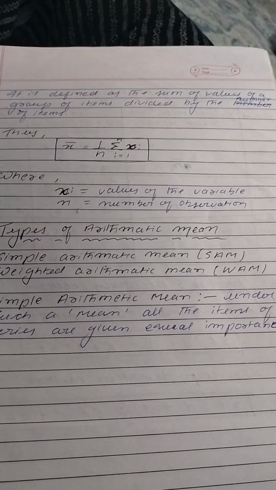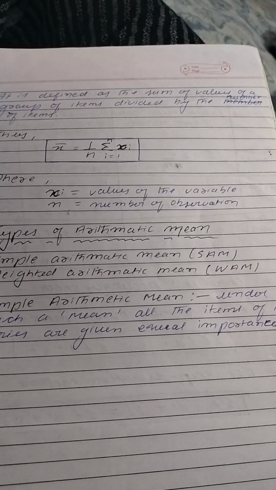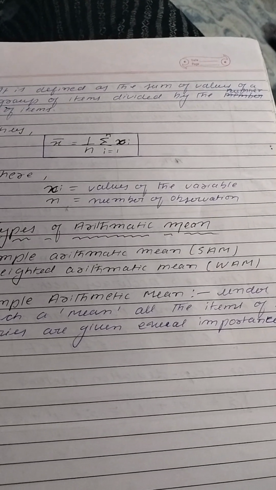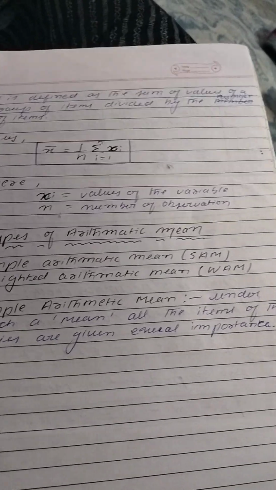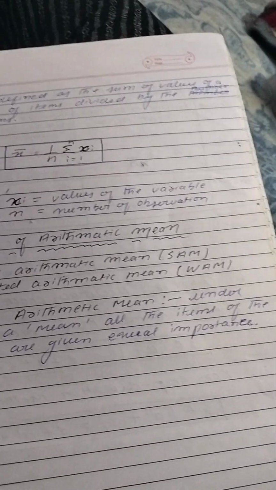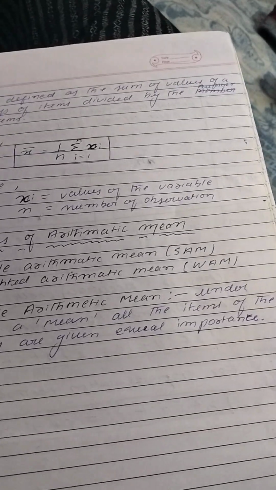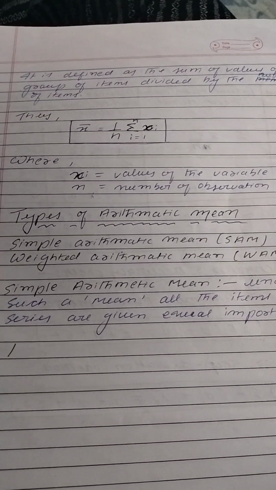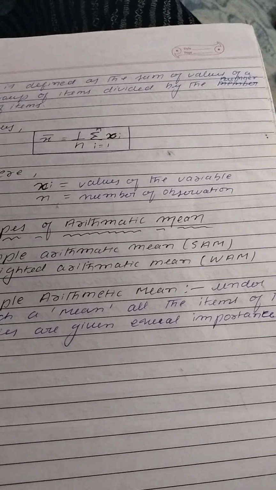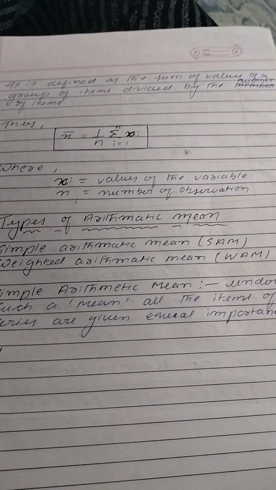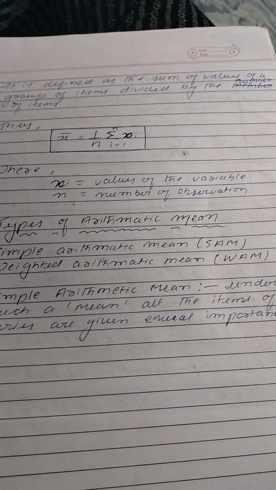Let's suppose 30, 40, 50 are there, and the number of items is 5. In the numerator you are calculating the sum of the values of all the items, divided by the number of items.